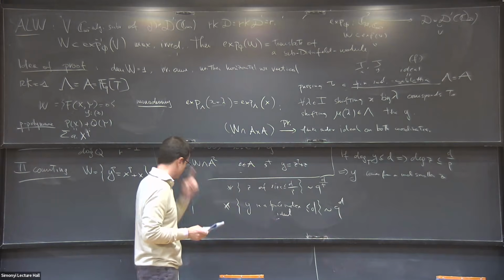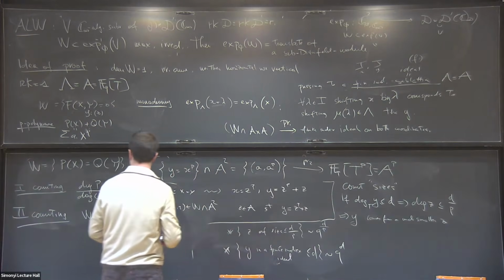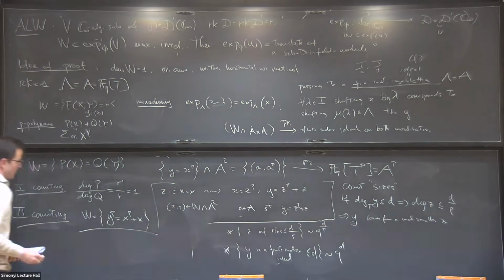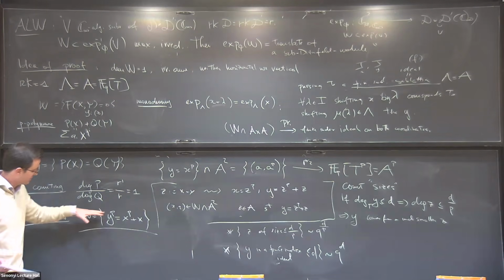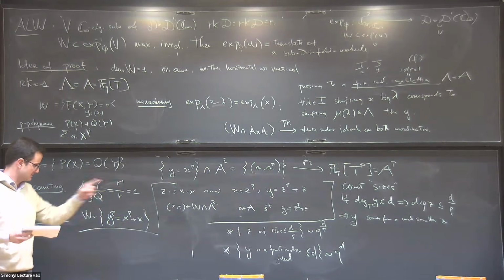And this is essentially the rough idea for this simple example that I wrote here. If you have a p-th power, this compresses the lattice, which cannot happen by the counting argument.